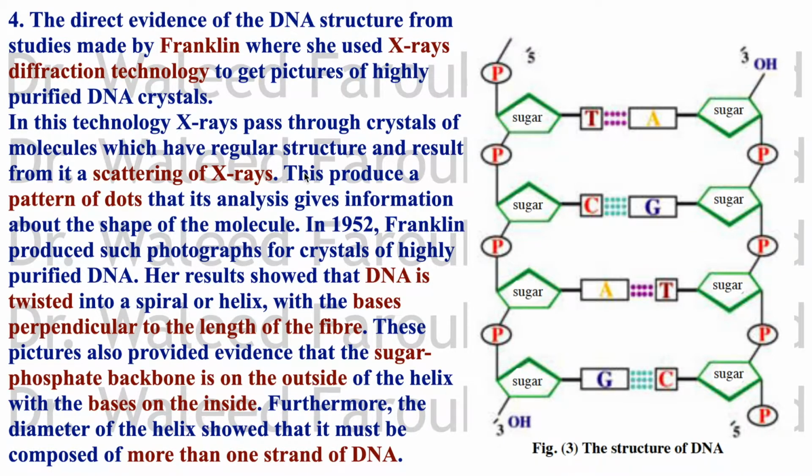A scientist called Franklin tried this to see how the DNA looks like. She confirmed that it's twisted and the bases are perpendicular to the length of the fiber, and the sugar phosphate backbone is on the outside and the bases are on the inside.